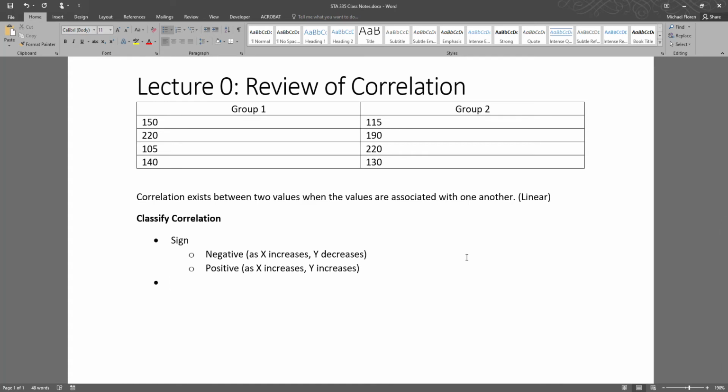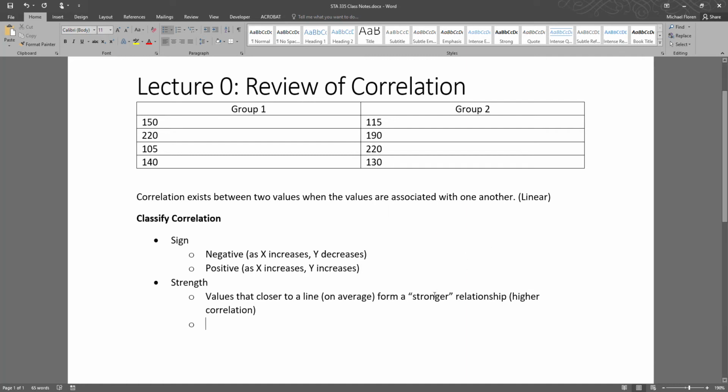In addition to the sign, we can look at the strength of the relationship. So values that are closer to a line, on average, form a stronger relationship and have a higher correlation. So if values group very closely to a line, then this typically will have a strong correlation.